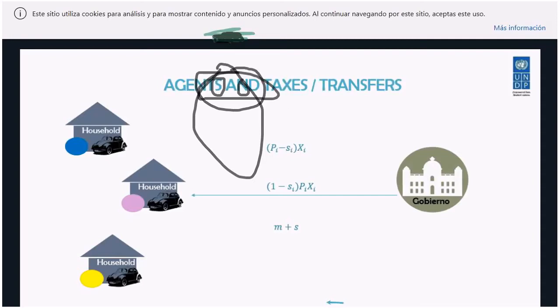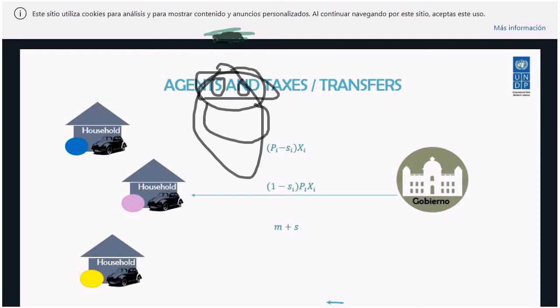That is the amount that this household should pay for electricity, right? So that's how we can express that situation.